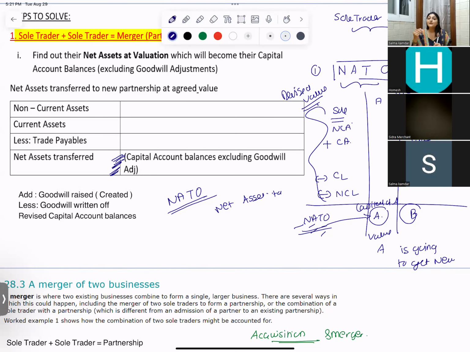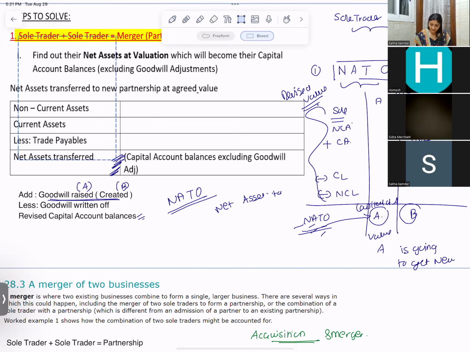Then you will do the goodwill adjustment. Whatever goodwill A and B are bringing, you will raise the goodwill, add the goodwill raised, minus the goodwill written off, and you will get the new capital balances. Let me take you through an example.